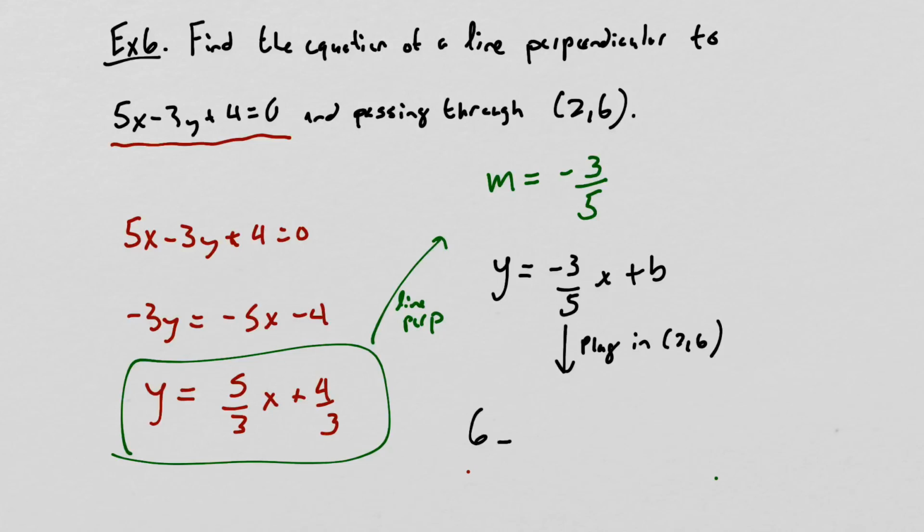We'll get that 6 is going to be equal to negative 3/5 times 2 plus b. Let me go ahead and start a new page. Multiplying the right-hand side, we'll get 6 is equal to negative 6/5 plus b.